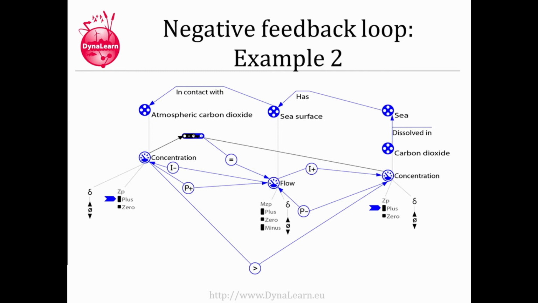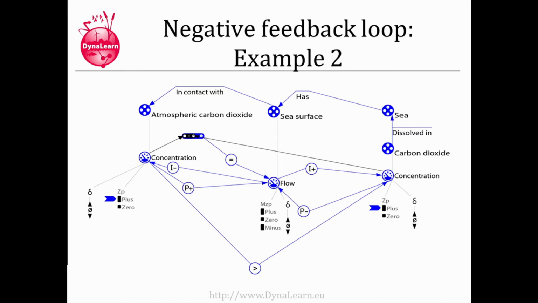There are proportionalities back from the concentration to the flow. So on the left-hand side, we have a negative influence from the flow to the concentration and a positive proportionality back to the flow. This positive proportionality is true because if the concentration of atmospheric carbon dioxide goes up, then the difference between the concentration of atmospheric carbon dioxide and the concentration of carbon dioxide dissolved in the sea becomes larger. Therefore, the flow will be larger.